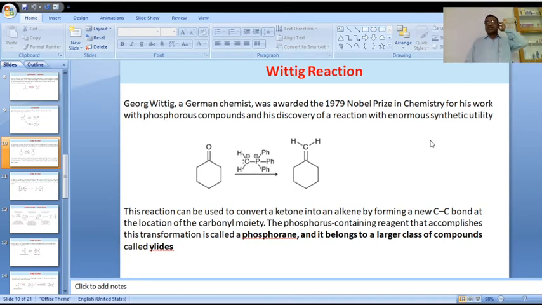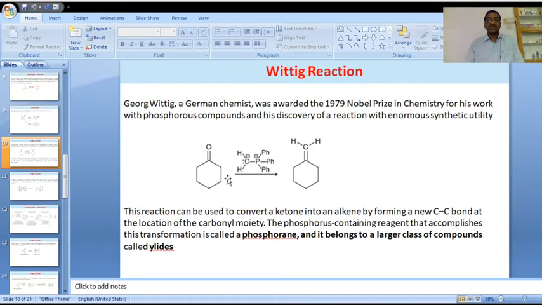Now let us go to a very interesting and very important reaction, the Wittig reaction. George Wittig, a German chemist, was awarded the 1979 Nobel Prize in Chemistry for his work with phosphorus compounds and his discovery of a reaction with enormous synthetic utility.